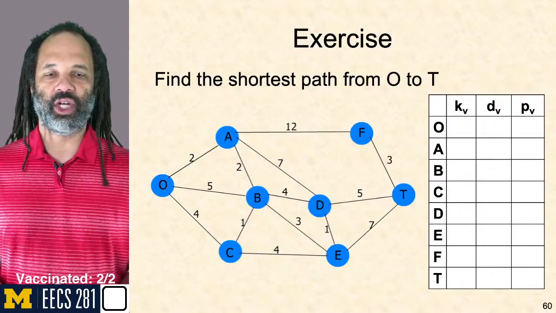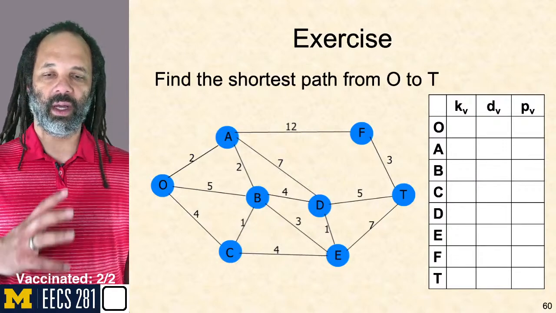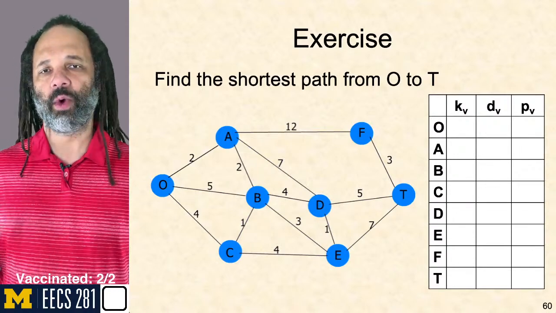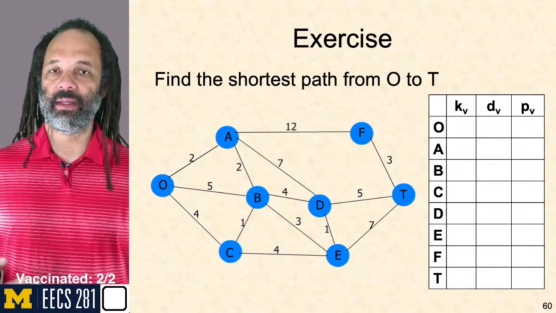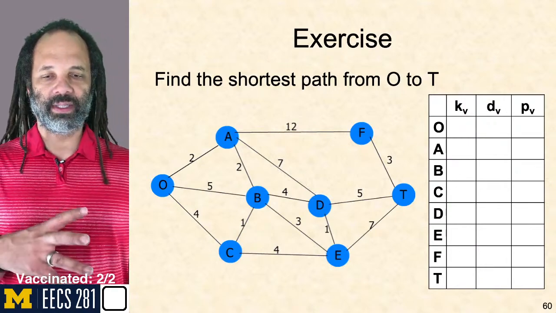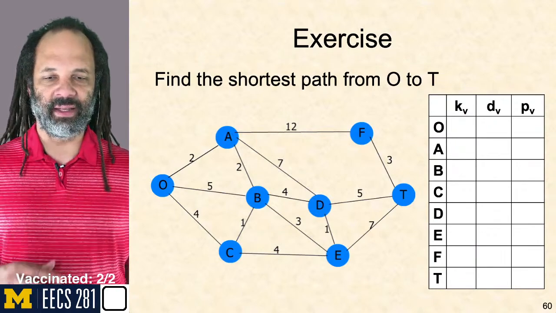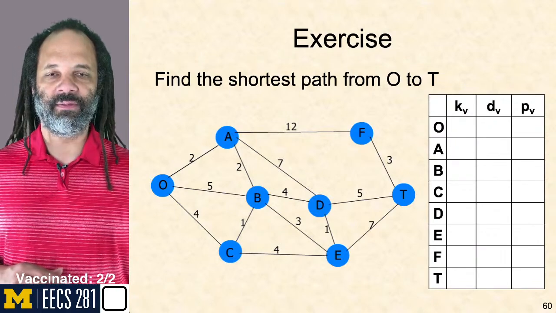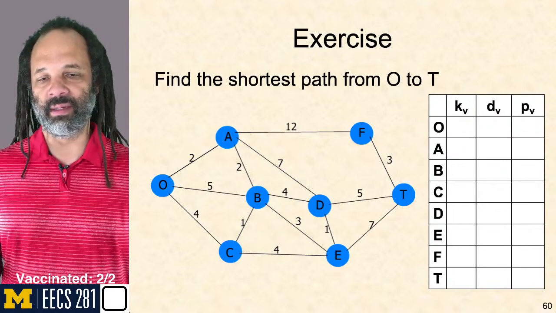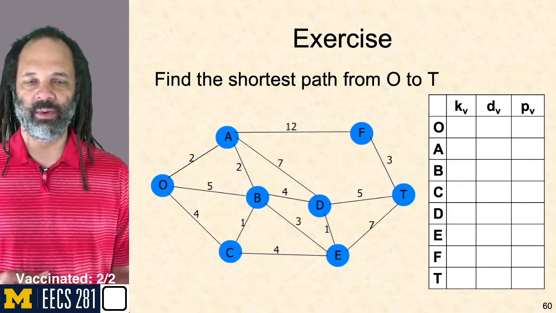We've got one shot to work through this one. So here's a good graph. And remember, as you're trying to work on this for the exam, this is a great exam problem here. It's pretty simple. If you wanted to just kind of glare at this graph for a couple of minutes, you could figure out what the shortest path from O to T is without using any algorithm other than just sort of adding things up and seeing what works and what doesn't.